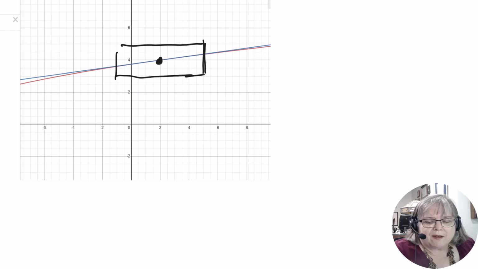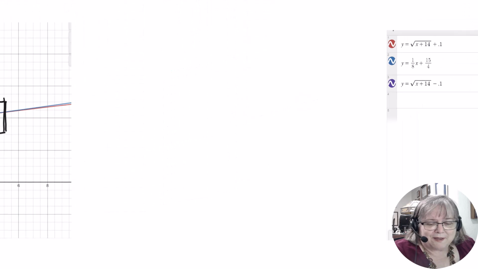All right. Now, the question begins to become, how far away can you actually be? So that's the big question. How do I decide how far I can be without it having an intolerable margin of error?